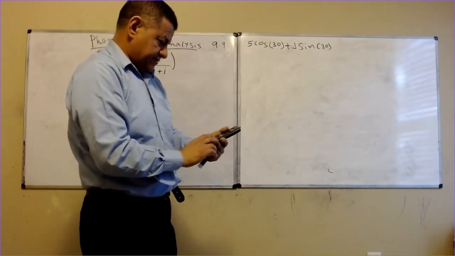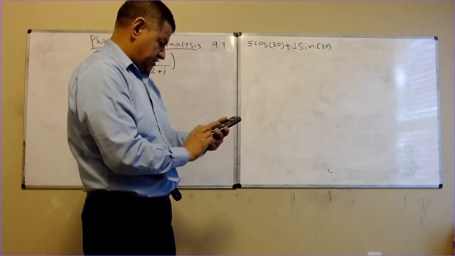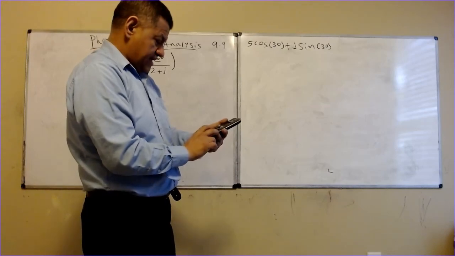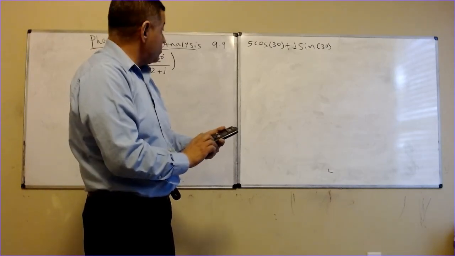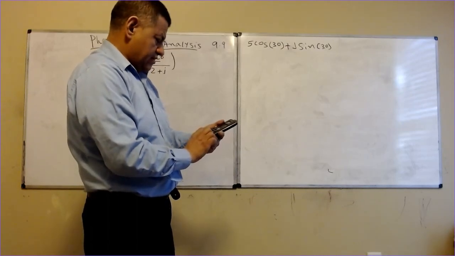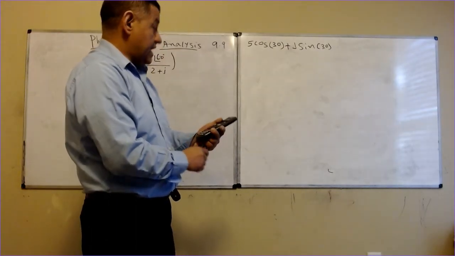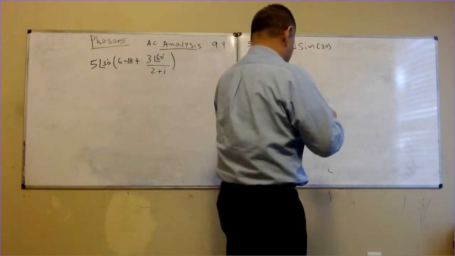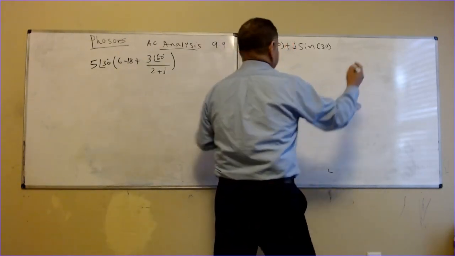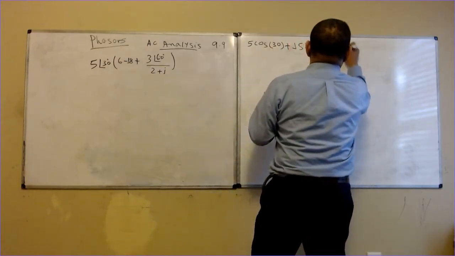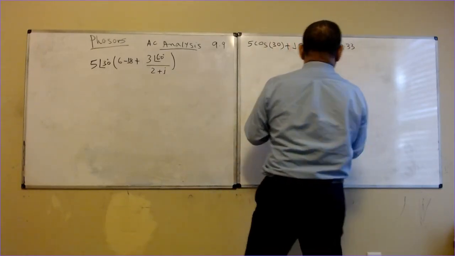So we do 5, and then we do cosine of 30, right? And that is equal to 4.33, right?